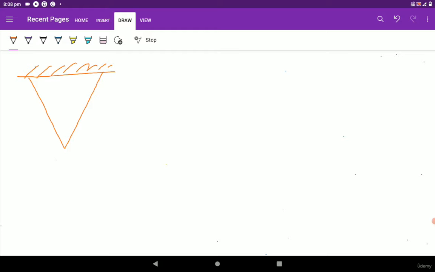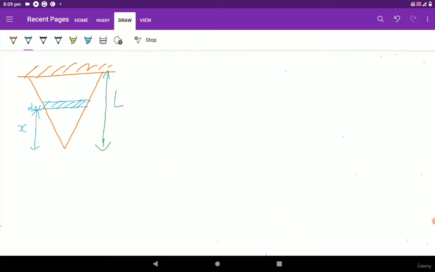This is basically a cone shape. In this condition we will be taking a strip. Suppose it has a length L, capital L, and we are going to take a strip of dx length. This is the strip of dx length, and from this point to this point the distance is x.